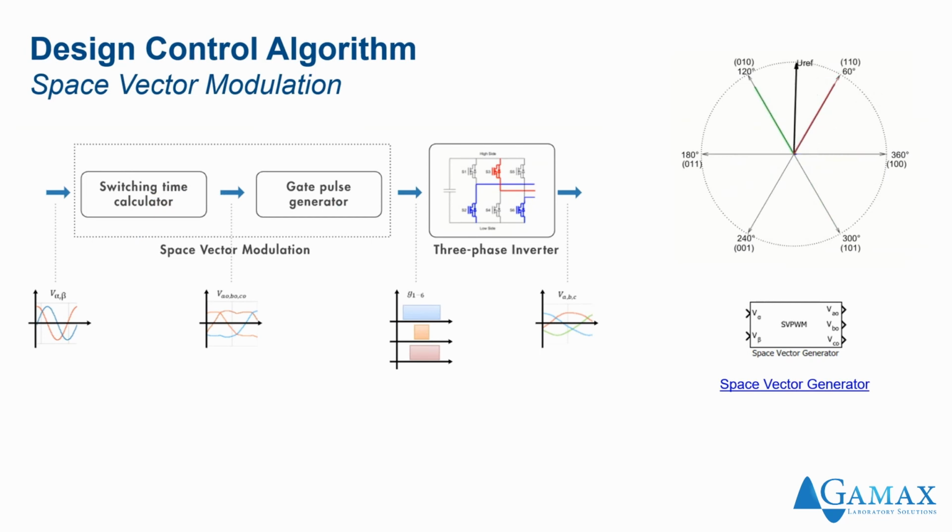Space vector modulation is responsible for generating pulse width modulated signals to control the switches of the inverter, which then produces the required modulated voltage to drive the motor at the desired speed or torque.